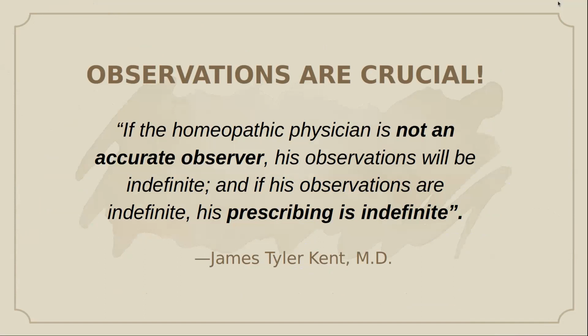With a blank mind, we should take the case. And then we make the totality of the case, like patient totality and disease totality. This disease totality will decide whether the case is incurable or curable, or in which state the case is. So we should be accurate observers, not taking everything. We should know what we should observe and what we should take. And this observation will lead to the correct prescribing.